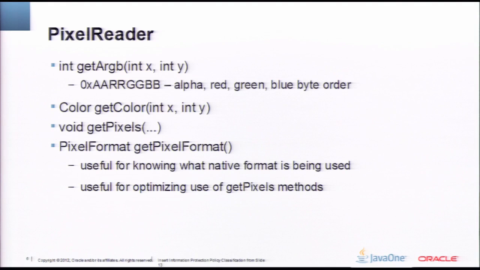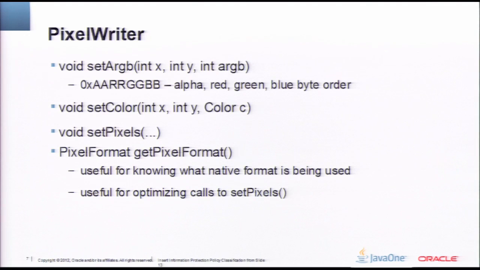Actually, there are 3 methods for getting pixels in bulk for larger operations, and if you want to work with the pixels in a particular format other than this integer RGB version or other as a color. And finally, you can get a pixel format which describes the underlying pixel format that we use internally in case you want to optimize your bulk transfers to be in the same format.